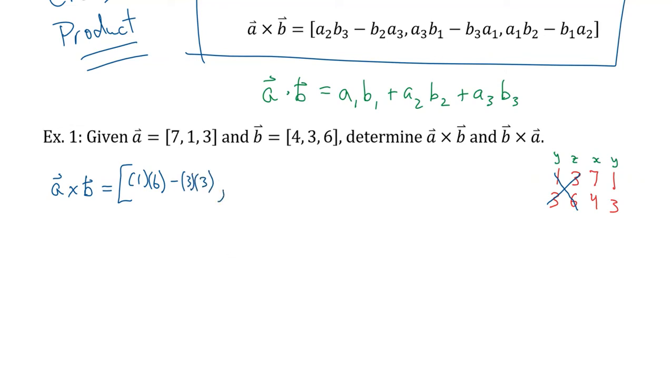Comma, A3 times B1, well, isn't that these two? This is the z coordinate from A, and this is the x coordinate from B, so that's that. Are you seeing how this works? And then that. And then finally, 7 times 3, 4 times 1.